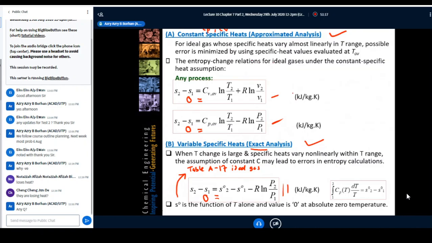But let's say your temperature change, delta T, is too large, I'm talking about a few hundred degrees in difference, and the CV, CP do not vary linearly, then you might want to consider the second method and so on. It depends. But obviously, if you stick to the constant specific heat method, you can see there's some slight difference in your final answer.